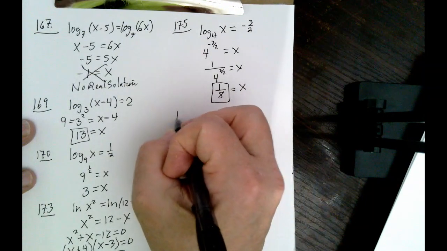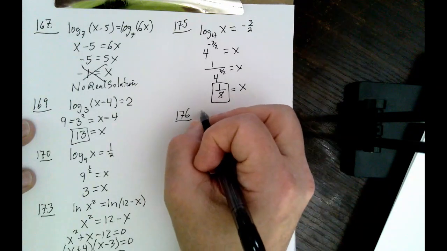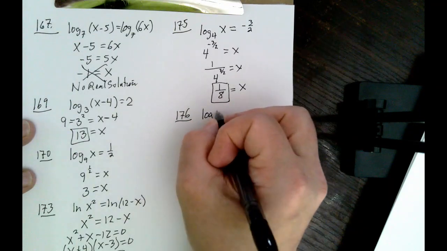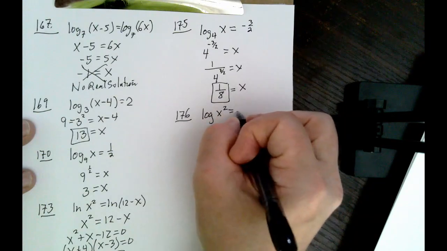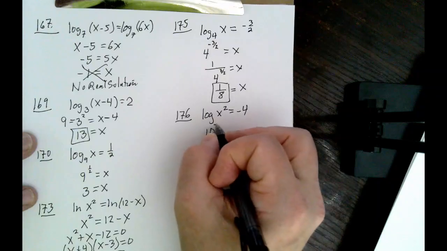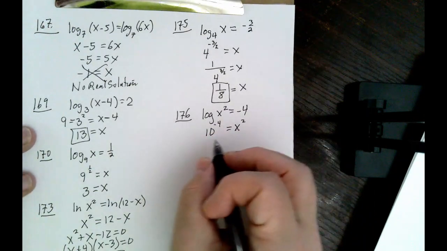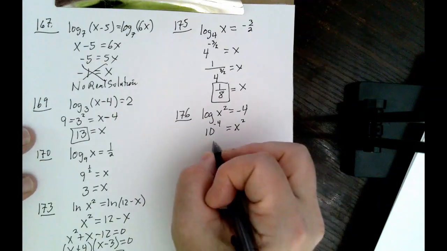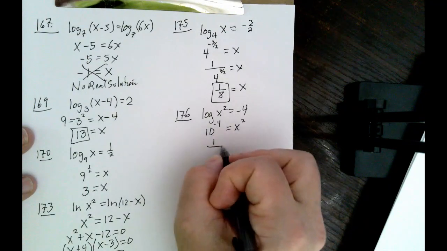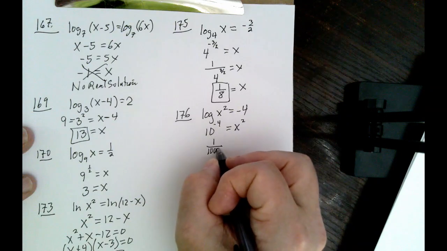Okay, 176. Log of x squared equals -4. So that means 10 to the -4 equals x squared. Well, 10 to the -4 is 1 over 10 to the positive 4, which is 1 over 10,000.